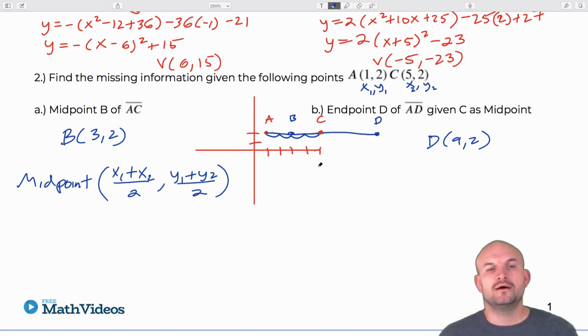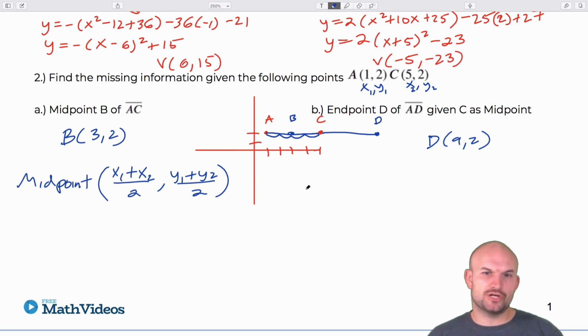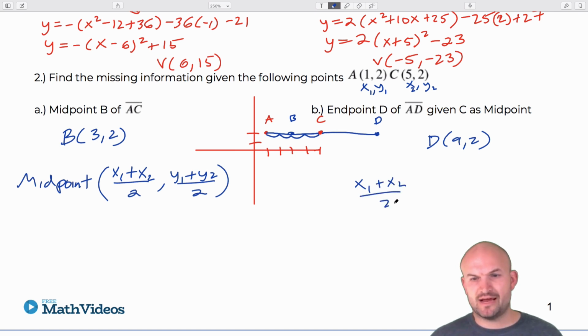However, let's go through the midpoint formula here, or look at what we can do algebraically, right? Because we know that C is the midpoint of our line AD. So again, we're going to look at the horizontal as well as the vertical distance. If we remember the midpoint formula, x1 plus x2 divided by 2 equals the first coordinate of the midpoint.